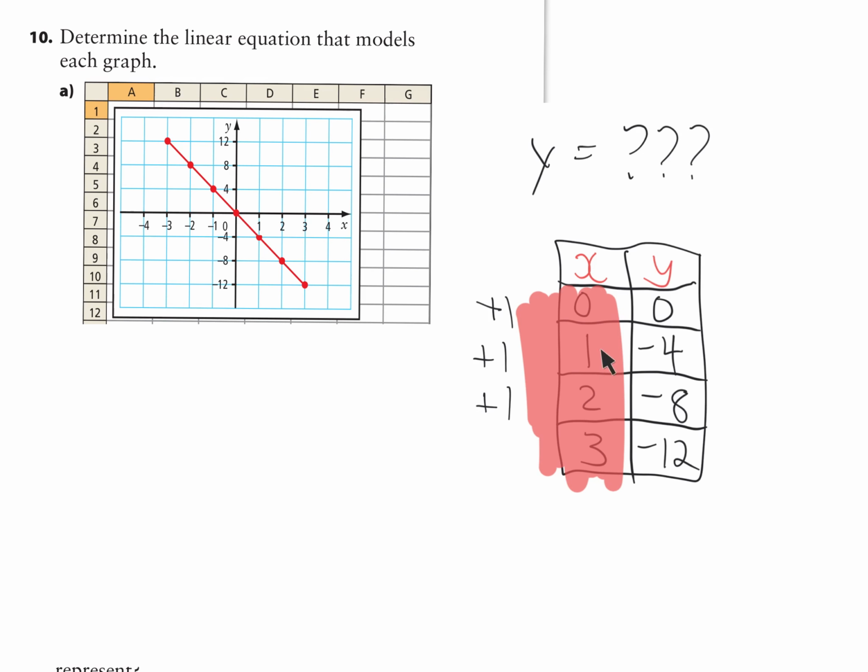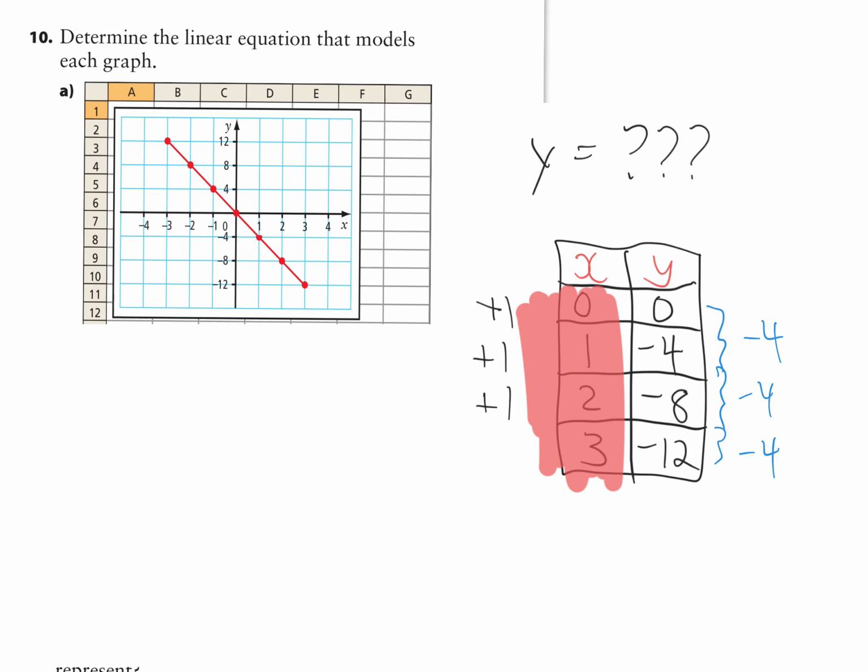If they're not, it gets a little bit tricky, but let's pretend that's not going to happen. So if your x values are always increasing by 1, you're good to go. Now we look at our y values. What's happening to them each time? They're going down by 4. That's right, they are decreasing by 4 each time.